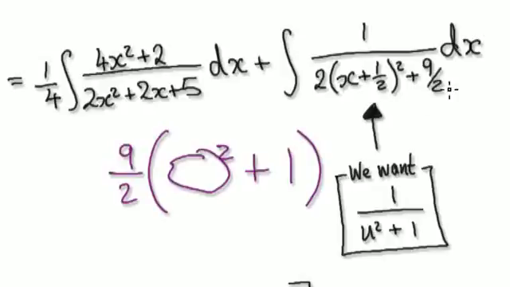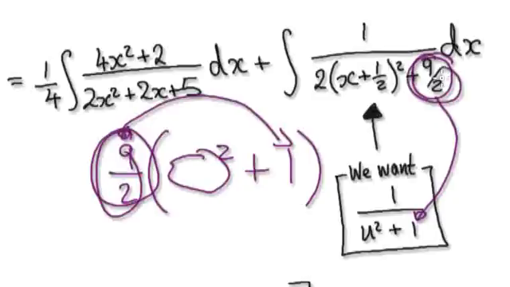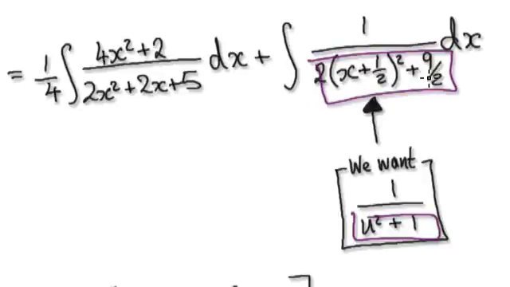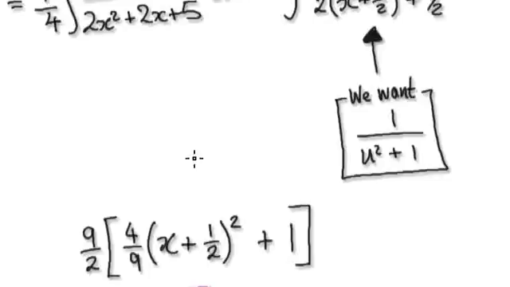If you factor out to get the 1 here, we would need to factor out 9 over 2, because later on, if you get this times this, it will give you this. To get this to be in the form of this, let's factor out 9 over 2. So that will then give us this.